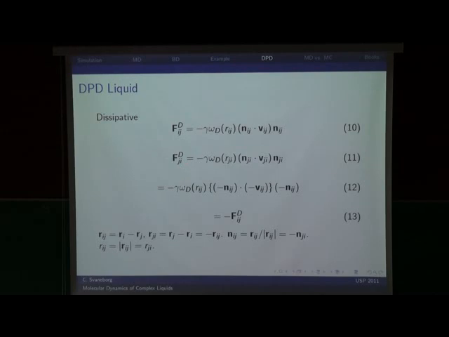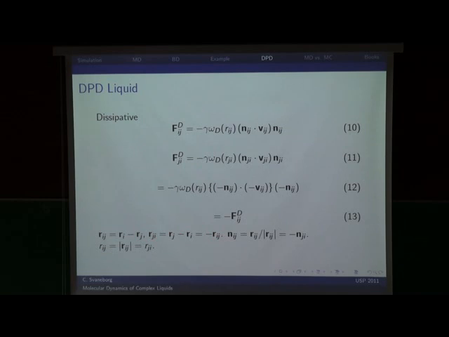Well, the vector between the i and j positions is just minus the vector between the j and i, right? So this vector between j and i is minus the vector between i and j. This is obvious by symmetry.